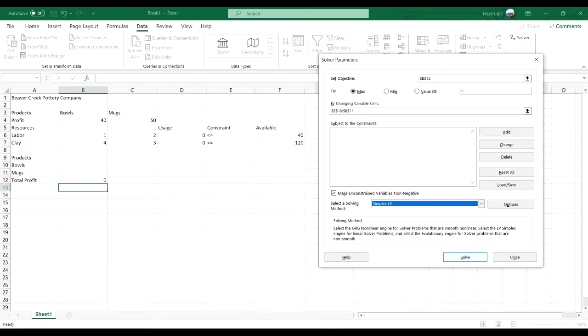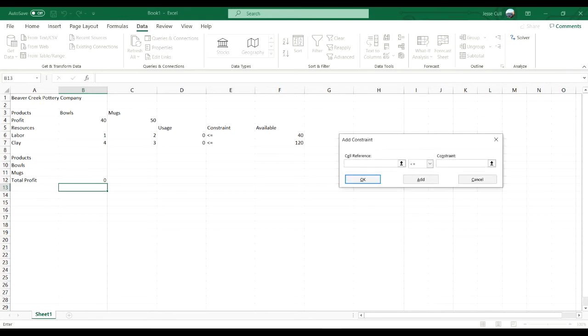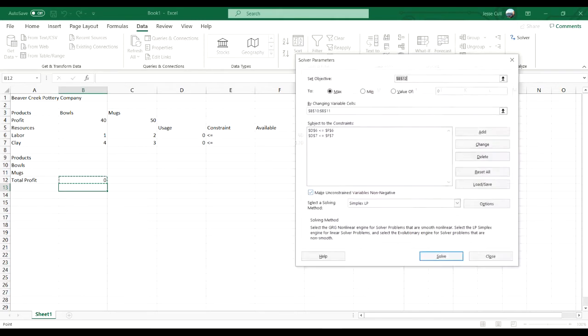So let's add our two constraints. Our first constraint is that the total labor we use, D6, must be less than or equal to the total labor we have available, F6. And again, in terms of clay, the total usage of clay must be less than or equal to the total clay available. We've now entered our two constraints.